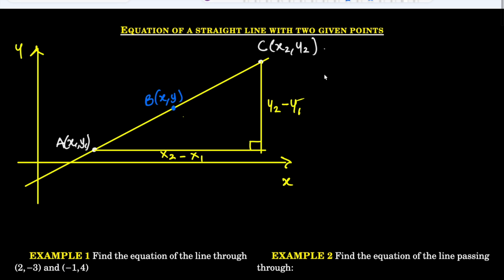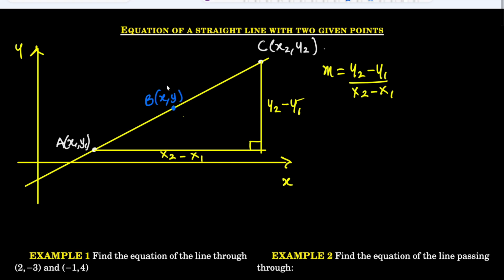The formula for slope, m, is equal to y2 minus y1 over x2 minus x1.